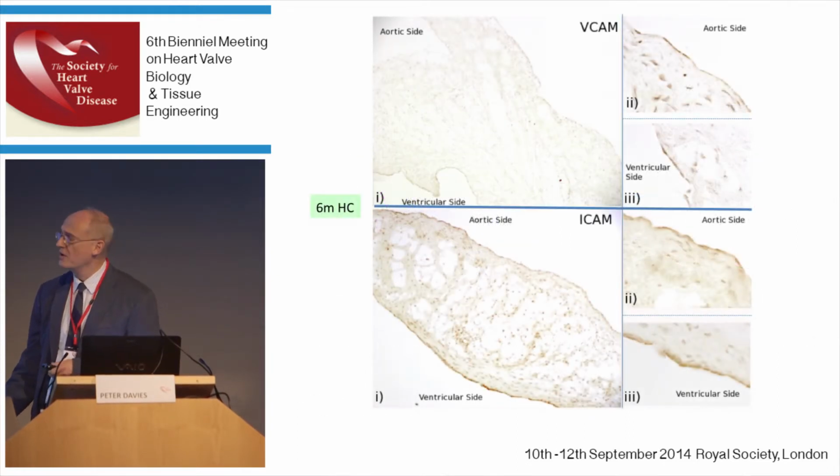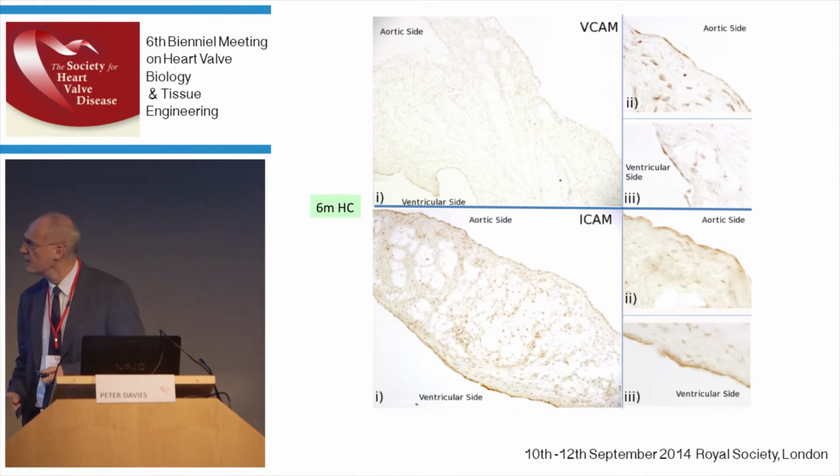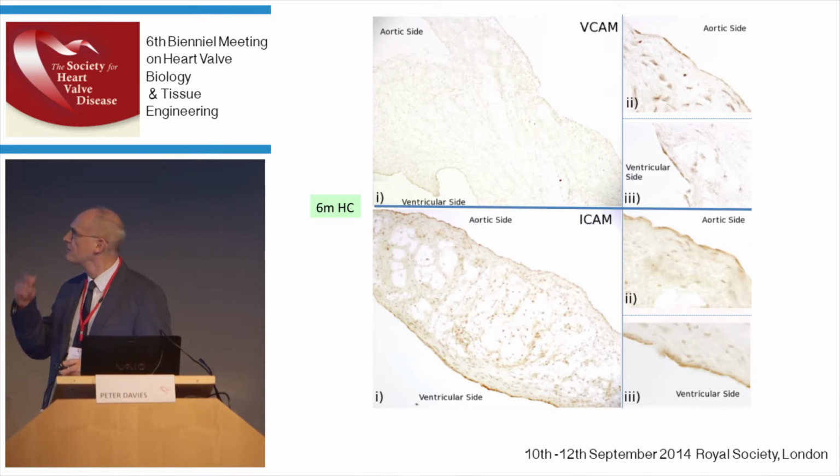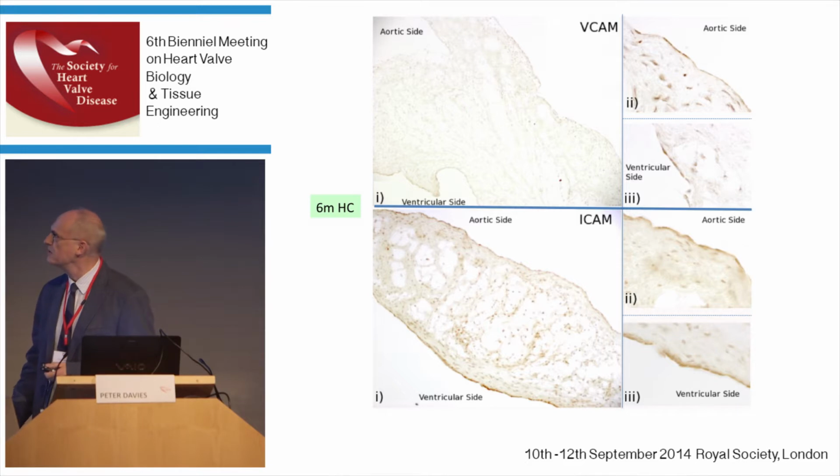And again, this is demonstrated if you ask about the classic molecules for inflammation. You look at VCAM, ICAM, and other CAMs, and we've been unable to demonstrate a bias to one side of the valve or the other, either in a normal valve, where it's very low, or in a hypercholesterolemic valve. A typical story is this kind of relationship, where you'll find a region which is clearly positive for ICAM, but not much else on the aortic side along here.